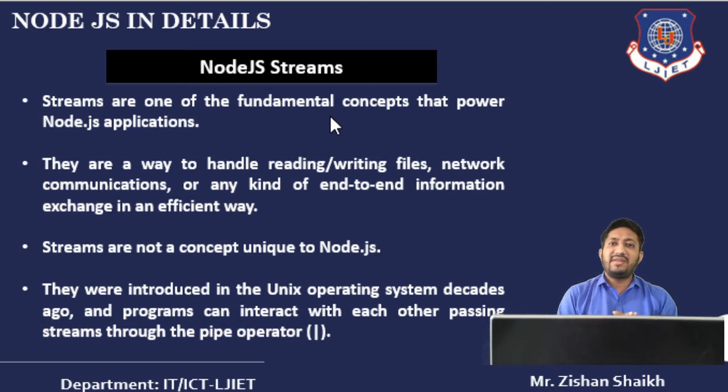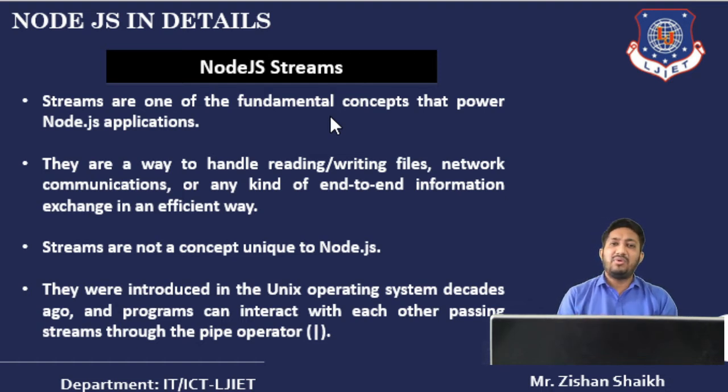The reason to learn streams in Node.js is this: if the size of the data transferred over the network when the user is requesting is large, how does Node.js accept that data, what is the communication speed, or what is the loading speed of that data? Generally, if we learn the basic read file and write file, that is capable of handling this situation when the data size is minimum.